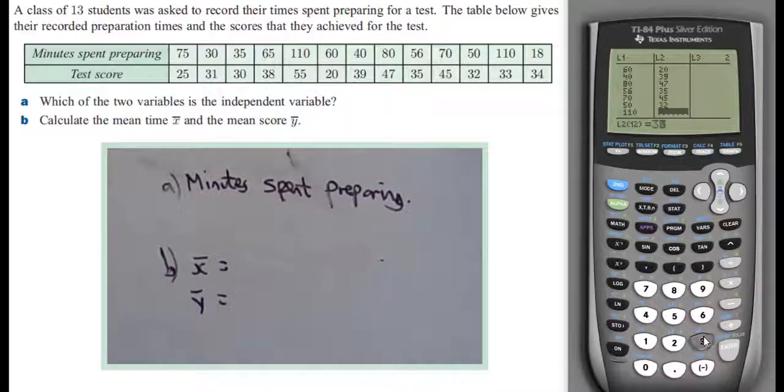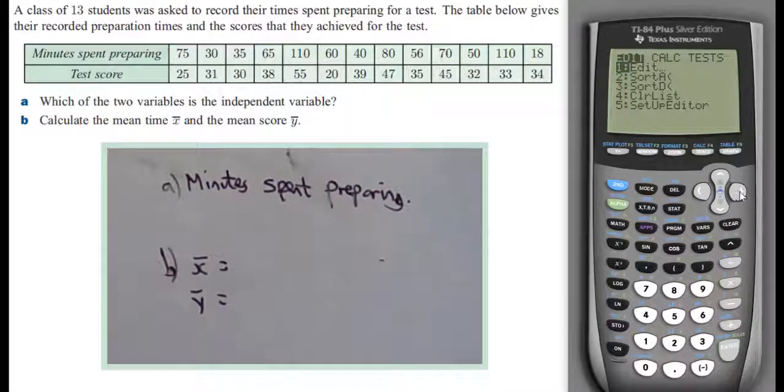Just finishing off the last two numbers, 33 and 34 in the Y list. Things to check to see if you've got the right amount: it says a class of 13 students, so I'm looking for the fact that I've got 13 rows. This is saying list 2 element 13 is 34, so that's a good little check. So I've got all the values in, hopefully they're correct.